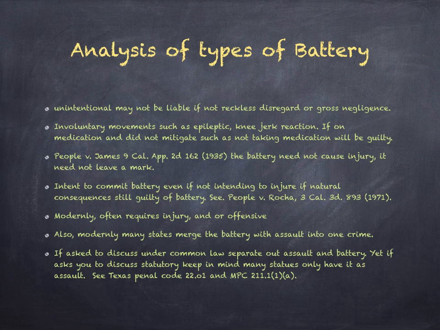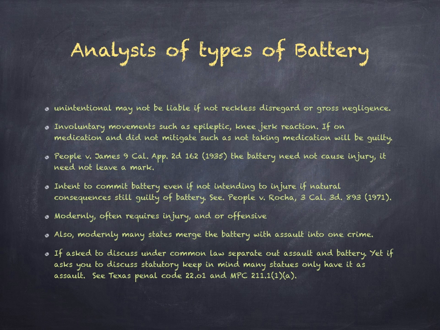So, an analysis of the types of battery. Unintentional, you might not be liable if it's not reckless disregard or gross negligence. Involuntary movements, such as an epileptic seizure or a knee-jerk reaction, if you accidentally bump into somebody, you're not going to be charged with battery if you fall over.